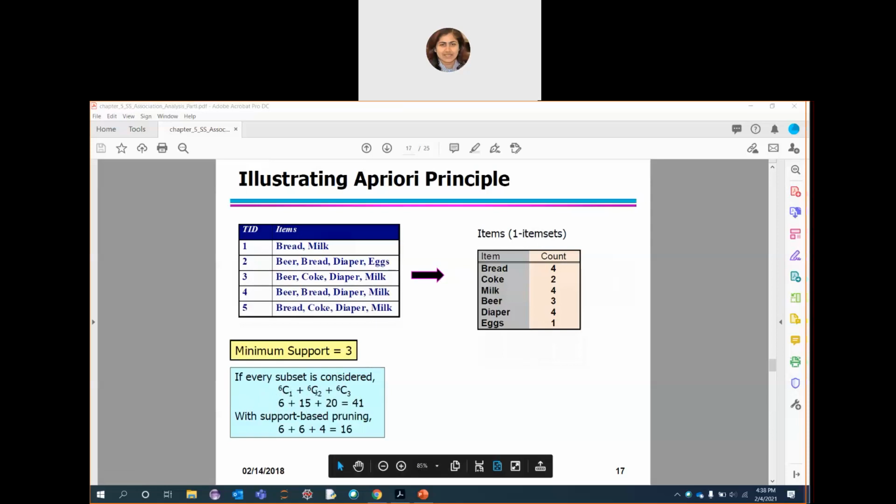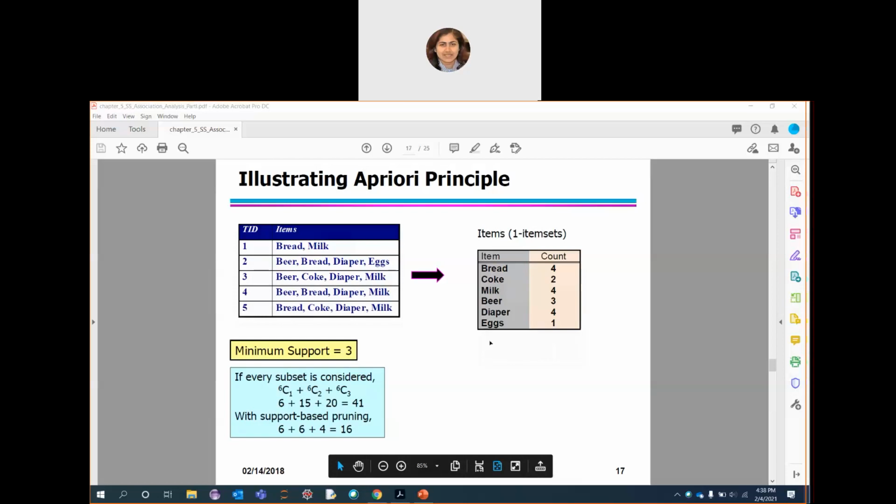Then total possible 2 item sets for the given 6 items will be 15. Likewise, total possible 3 item sets for these 6 items will be 20. So altogether 40 candidates will be there. But when you follow this Apriori principle, the value decreases to 16 actually.